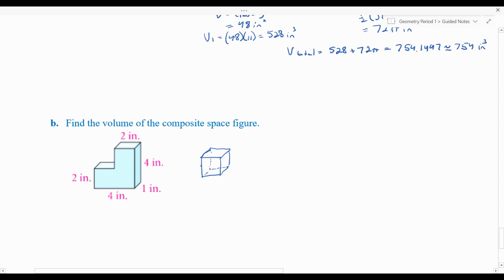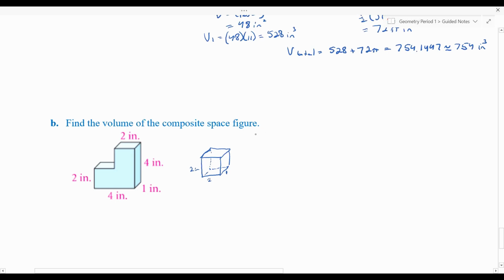I know that the height of this cube is going to be 2 inches. Okay, I know that the width of the base is also 2 inches. Okay, and its depth happens to be 1 inch, just like it says right here. So this is going to be 1 inch over here. Okay, so we have enough information to calculate the volume of this prism.